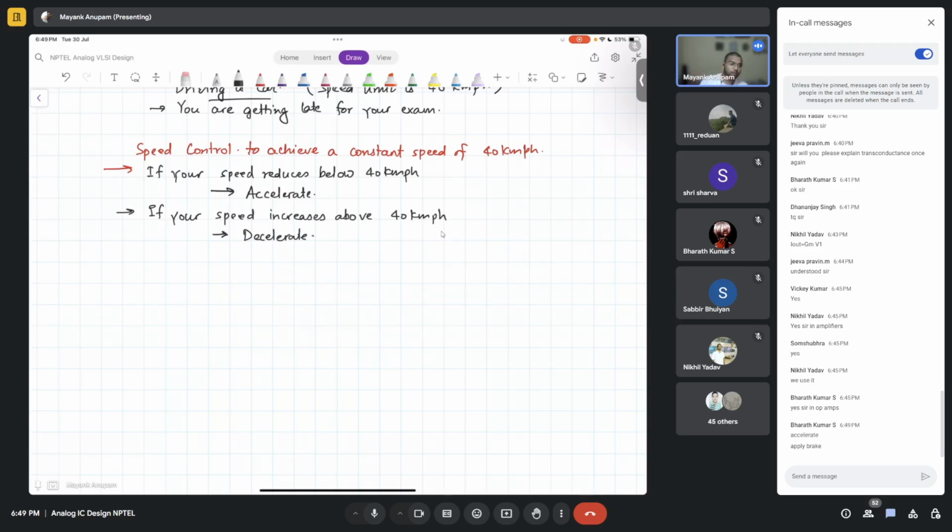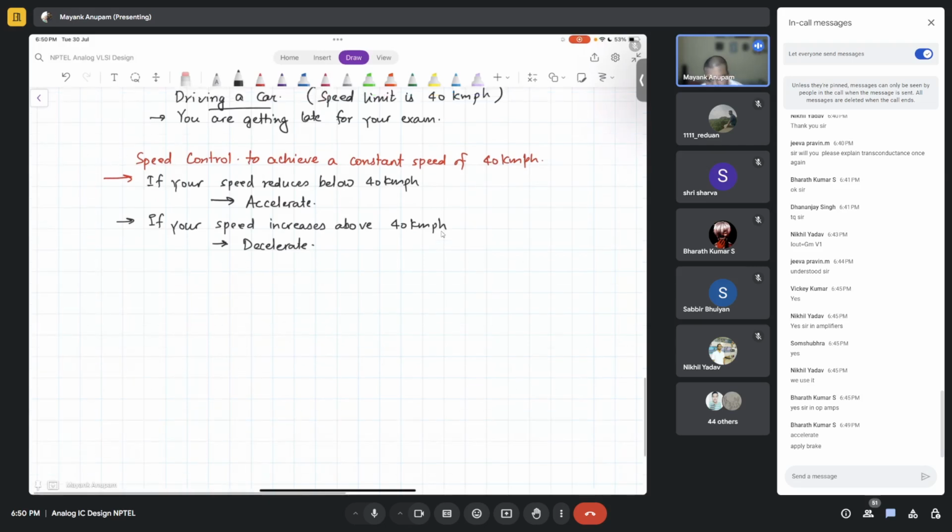You decelerate, apply brake, or anything. Actually you do not want to apply the brake, because if you apply the brake, you will simply go down to zero. You just lift your foot from the accelerator. That is how you will reduce your speed, and that is how you control your speed to achieve a constant speed of 40 kilometers per hour.